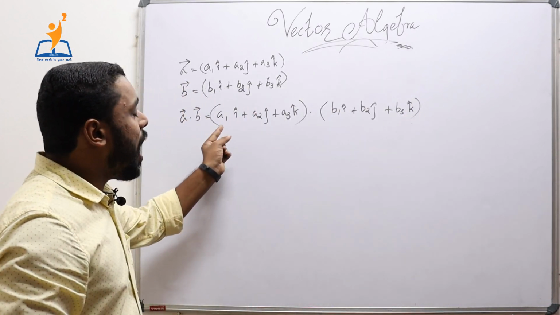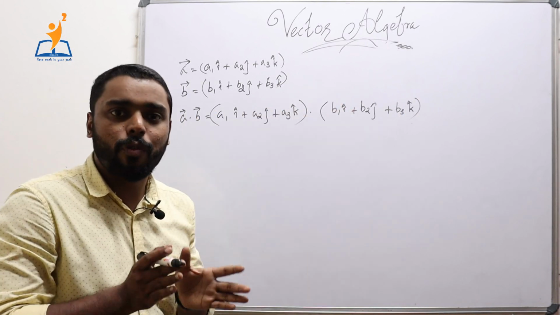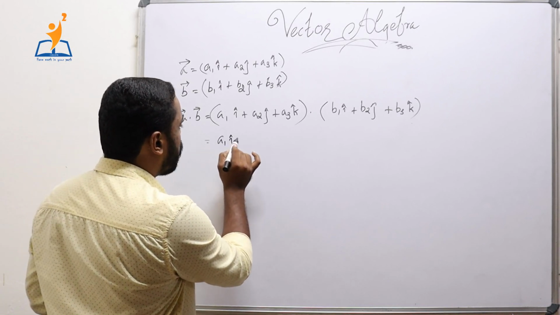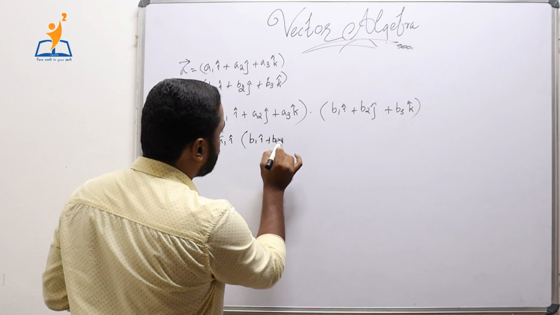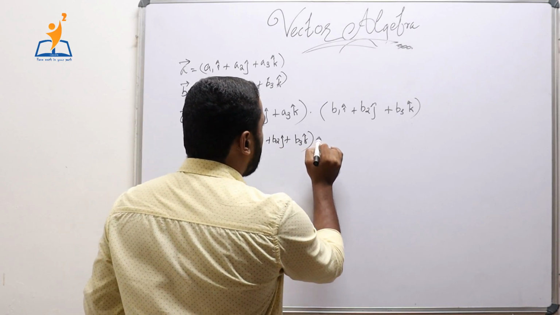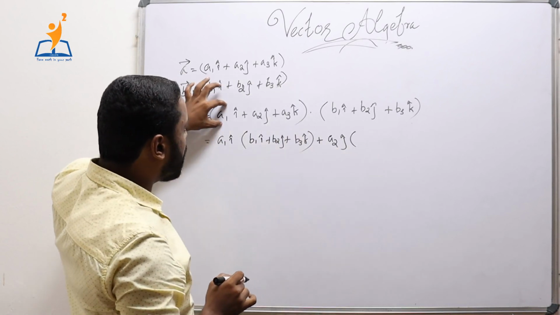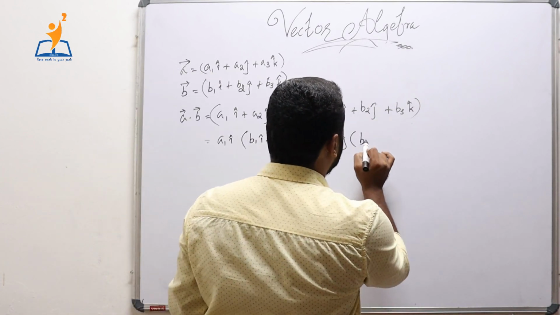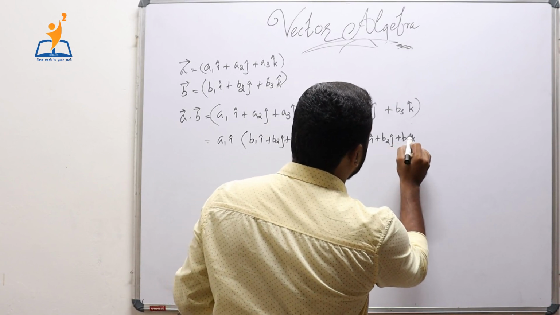Okay, now I am going to multiply or open this bracket, just as in arithmetic multiplication. Let me show how. a1 i cap into this is equal to a1 i cap into b1 i cap plus b2 j cap plus b3 k cap. This is the first component, plus a2 j cap into, first I have multiplied this with this entire sum and then this with this entire sum, b1 i cap plus b2 j cap plus b3 k cap.